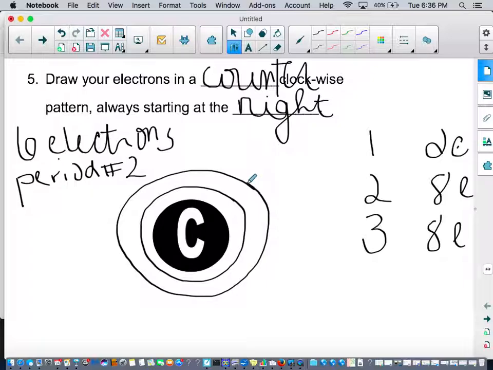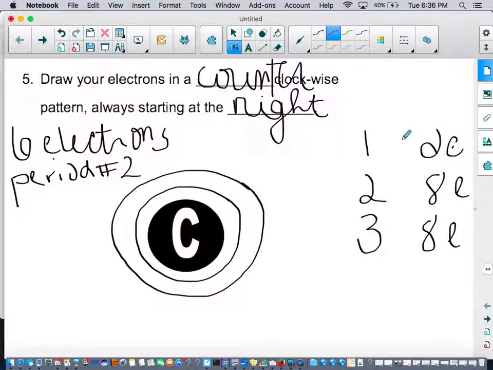It has 6 total electrons, so that's 6 dots that we're going to draw. We need to keep in mind that on this first shell, only 2 electrons allowed. So we're going to draw the first one there, and I'm going to draw one here, because I want it balanced out. Only 2 are allowed there. Now that's 2.